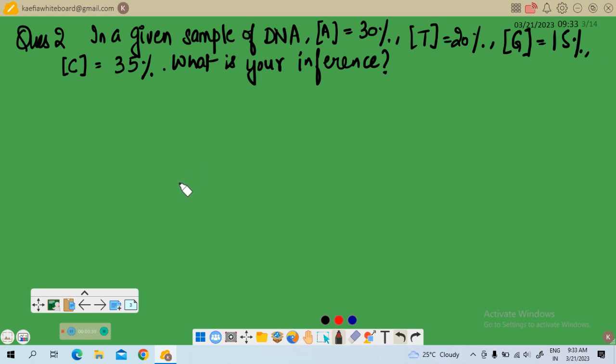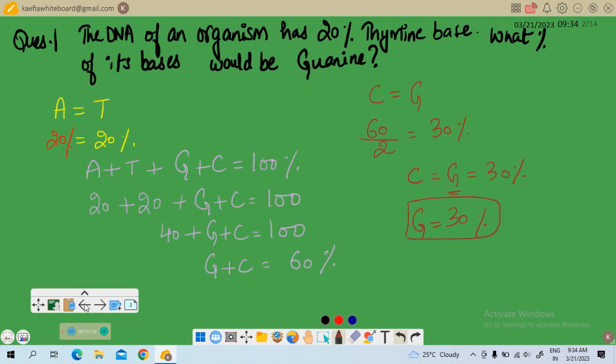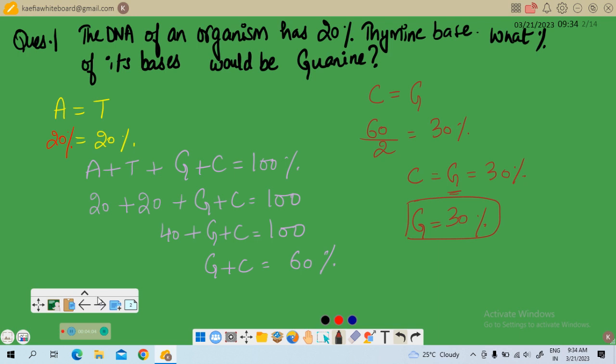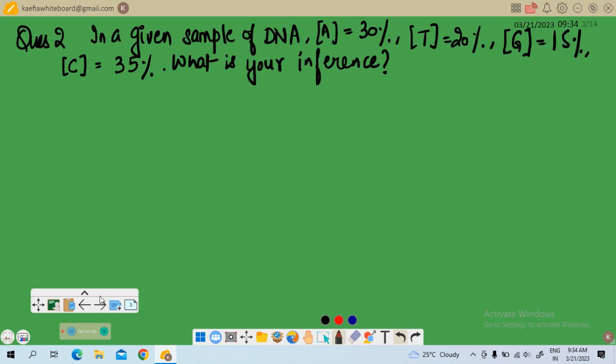In a given sample of DNA, adenine is 30%, thymine 20%, guanine 15%, cytosine 35%. What is your inference? Okay, so we know that A is equal to T and C is equal to G. Now adenine given here is 30 and thymine is 20, so here they are not equal.